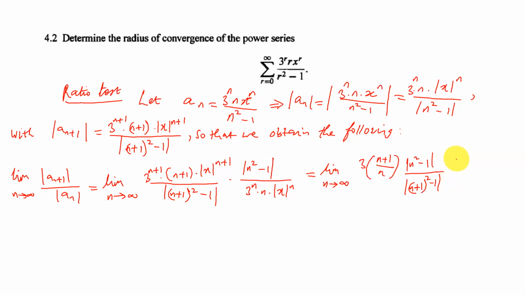And then you have one more thing to consider, the modulus of x to the power n plus 1 divided by the modulus of x to the power n. So that one is just only the modulus of x that is left.